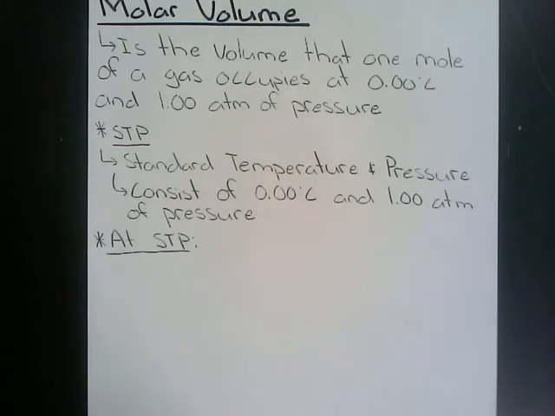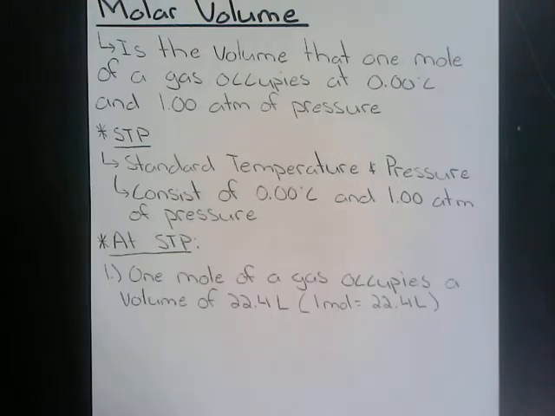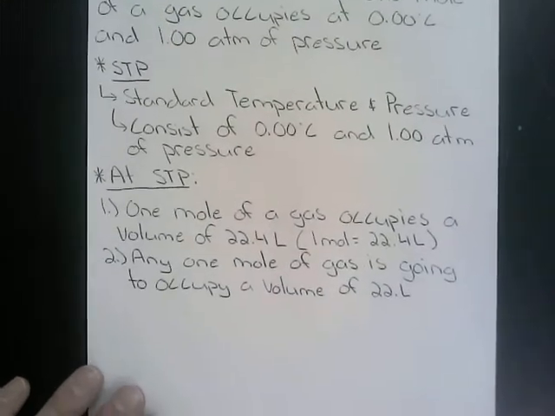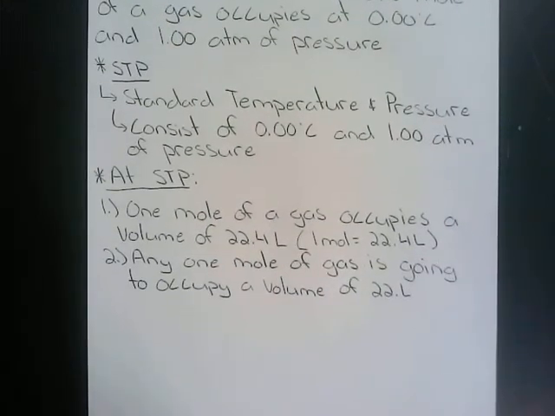So at STP, we have the following conditions. One is that 1 mole of a gas is going to occupy a volume of 22.4 liters. The other point that we can make here is that any 1 mole of gas is going to occupy the same volume of 22.4 liters. And that statement was determined by Avogadro's experiments.